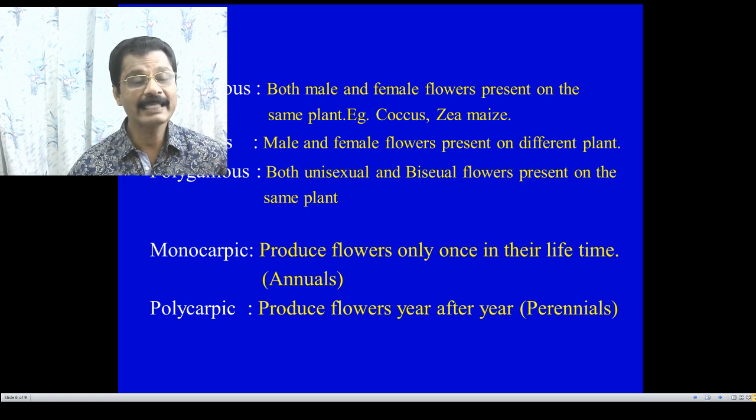For example, bamboo produces flowers only once in its lifetime and then perishes. Bamboo produces flowers after 75 years or 100 years, maybe 150 years. After producing flowers and fruits, the entire plant perishes. Such perennials are also monocarpic plants.